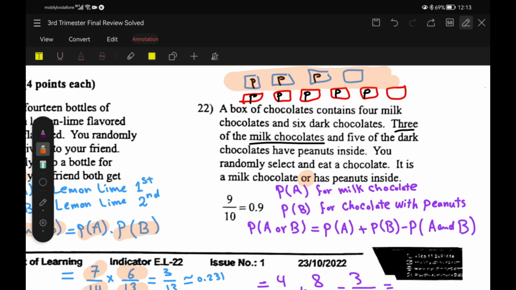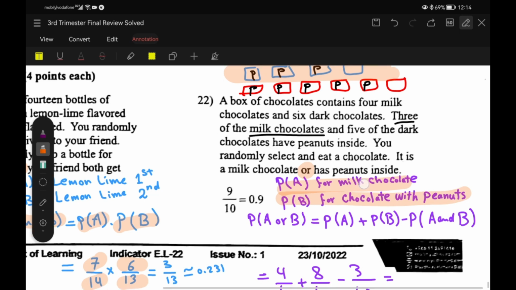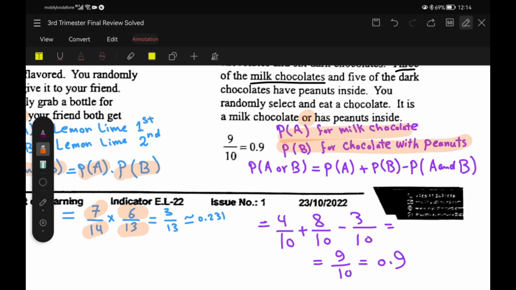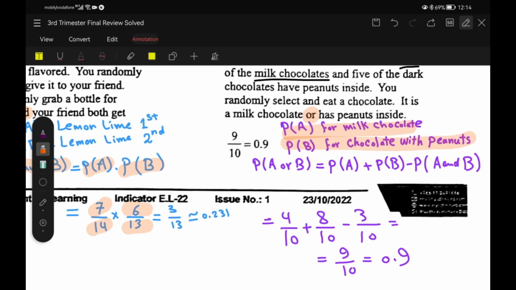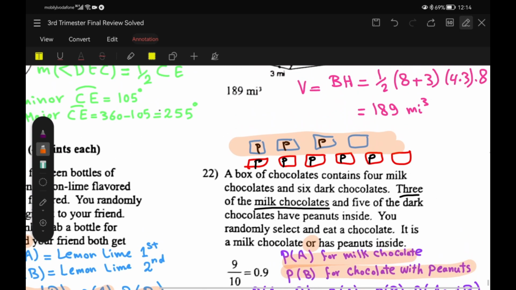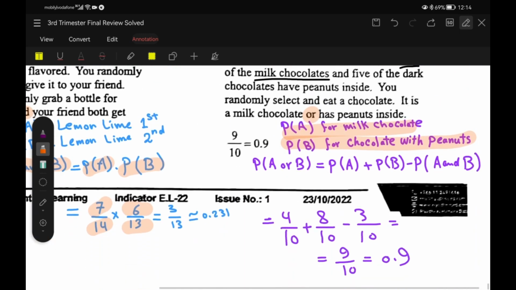The first probability is for getting a milk chocolate, and the second is for getting a chocolate with peanuts. Now let's solve. P of A or B equals P of A plus P of B minus P of A and B. So the probability of getting milk chocolates is 4 out of 10.